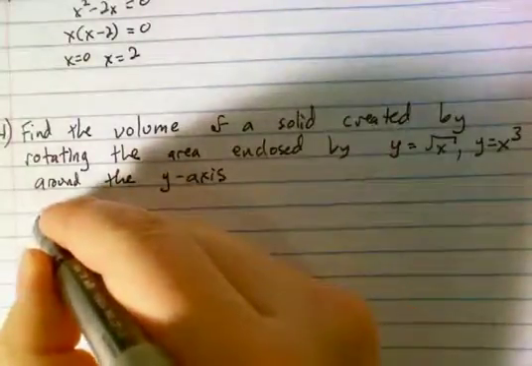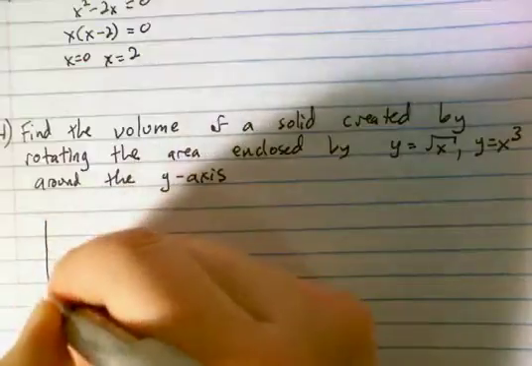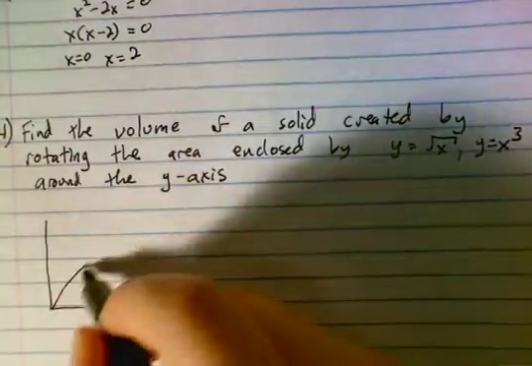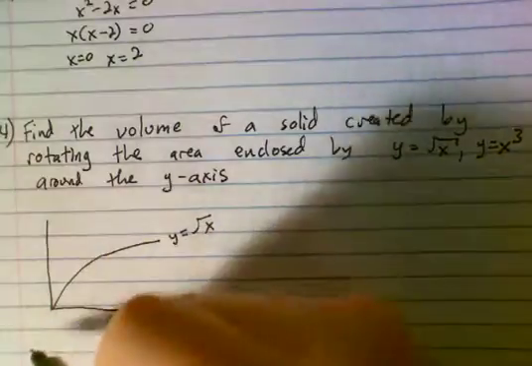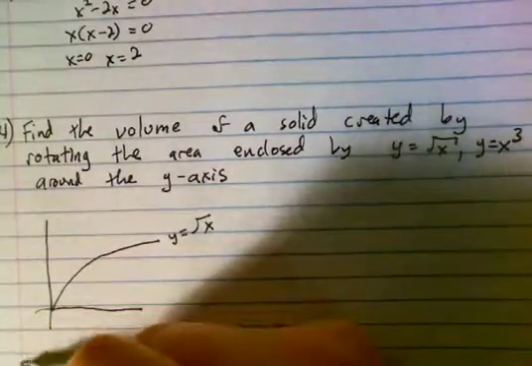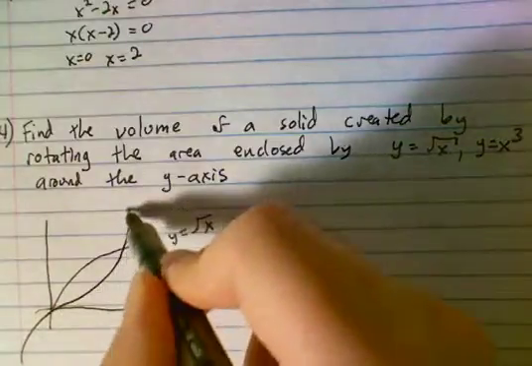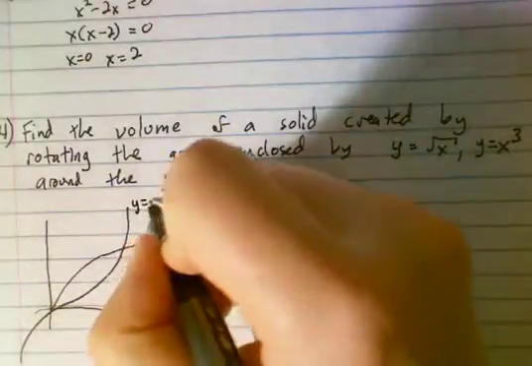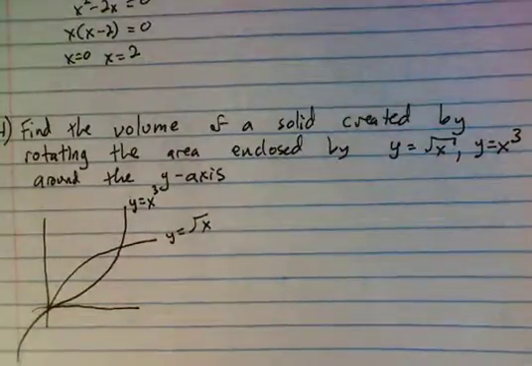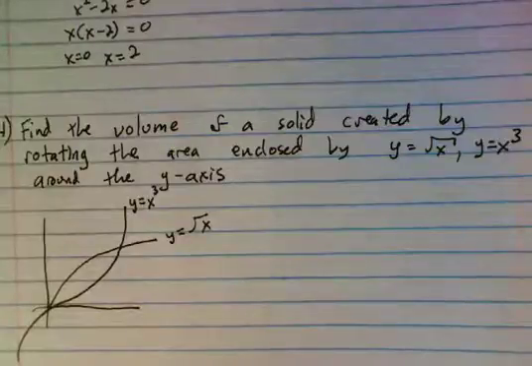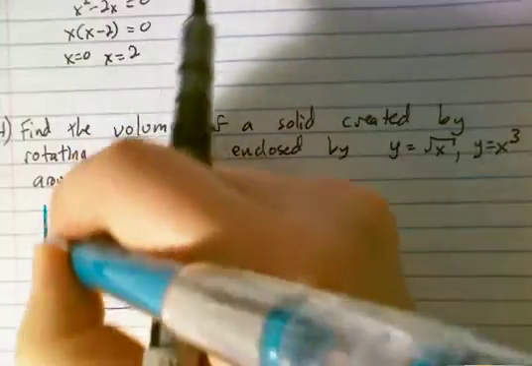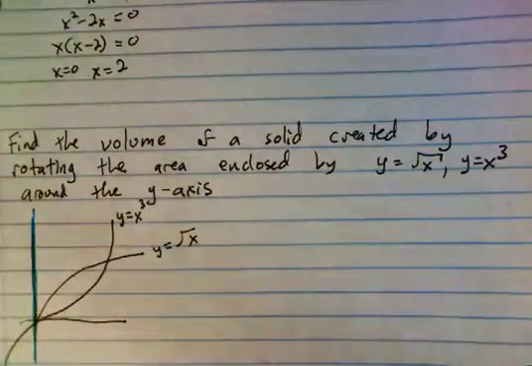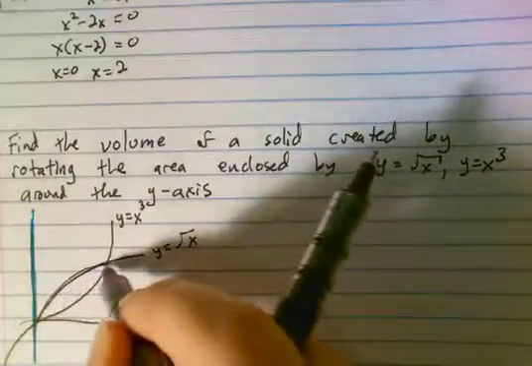Okay, square root of x only exists in the first quadrant, so we can limit ourselves to right over there. Y equals x cubed is sort of like this. We are rotating around the y-axis, and our area is still enclosed right here.